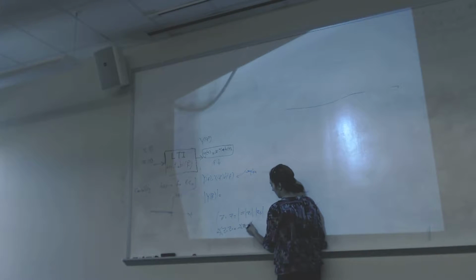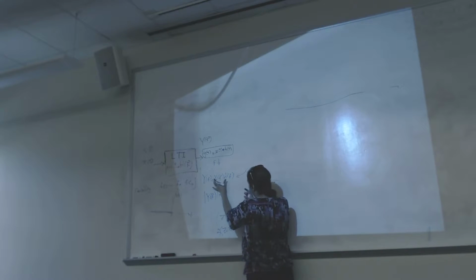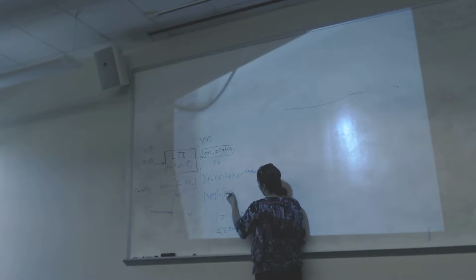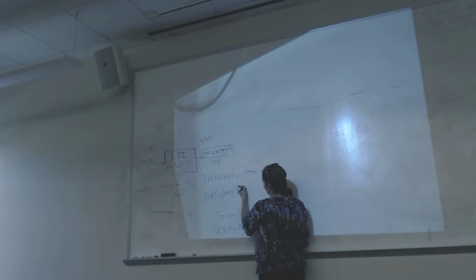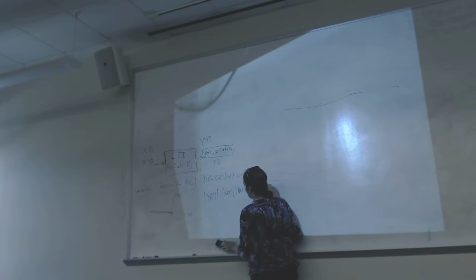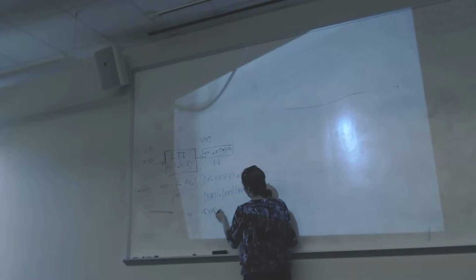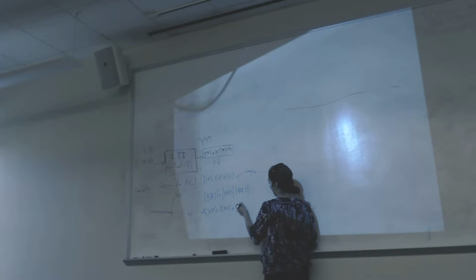Therefore, for this I can say the magnitude of y is equal to the magnitude of x times the magnitude of h. And then the phase of the output is equal to the phase of the input plus the phase of the transform.